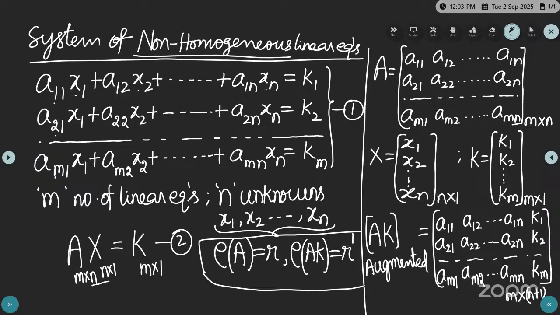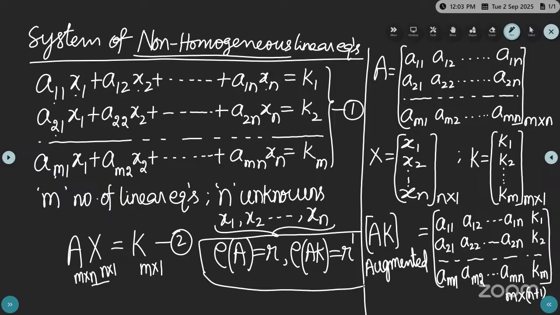Just consider the augmented matrix and convert it into upper triangular form. Then you will get the rank of the augmented matrix.